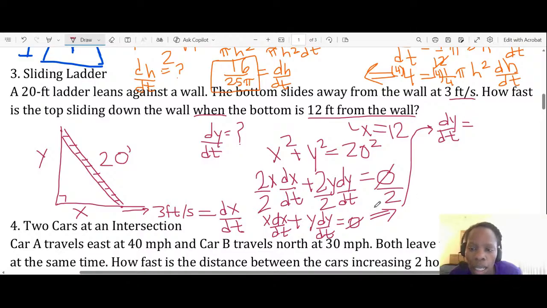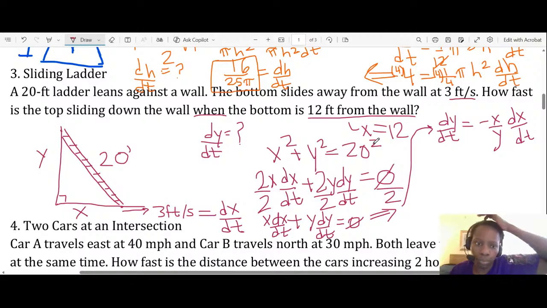Okay. So this is subtract x dx/dt and divide by y. And then we can replace the instantaneous values. Okay. So the instantaneous values will be x equals 12.